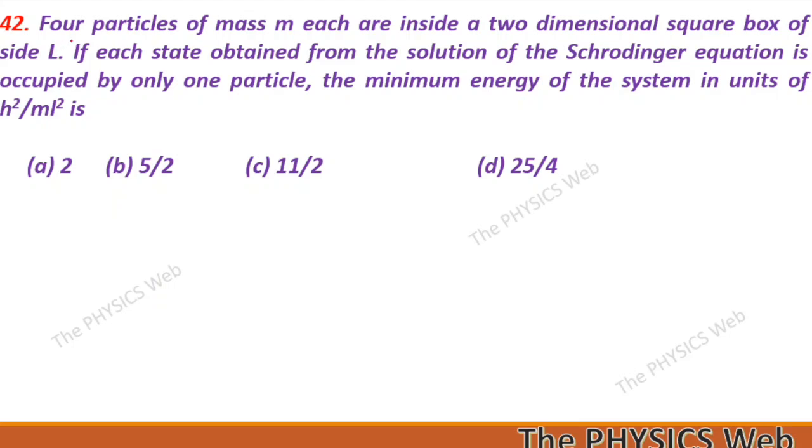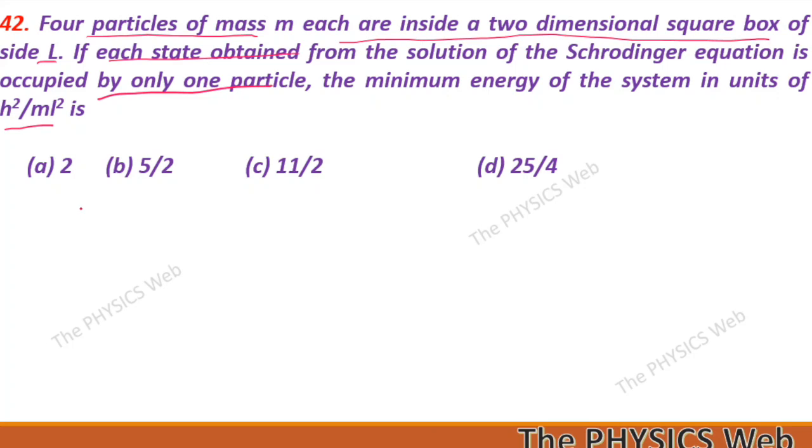Next, 42. Four particles of mass m each are inside a two-dimensional square box of side L. If each state obtained from the solution of the Schrodinger equation is occupied by only one particle, the minimum energy of this system in units of ħ² by mL². Okay, so we have a two-dimensional square box.